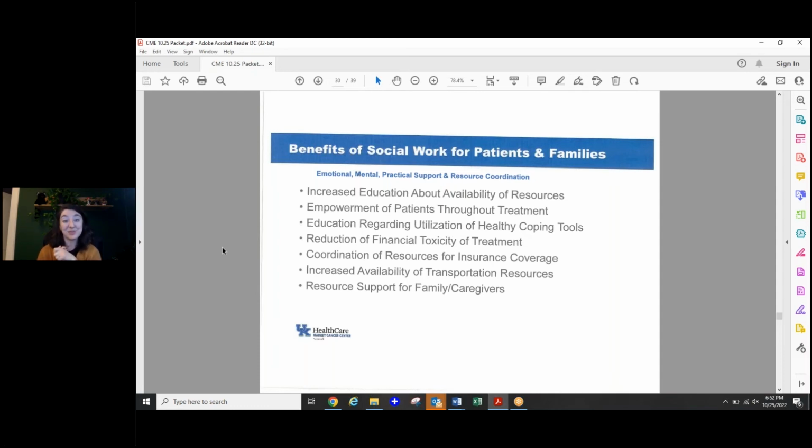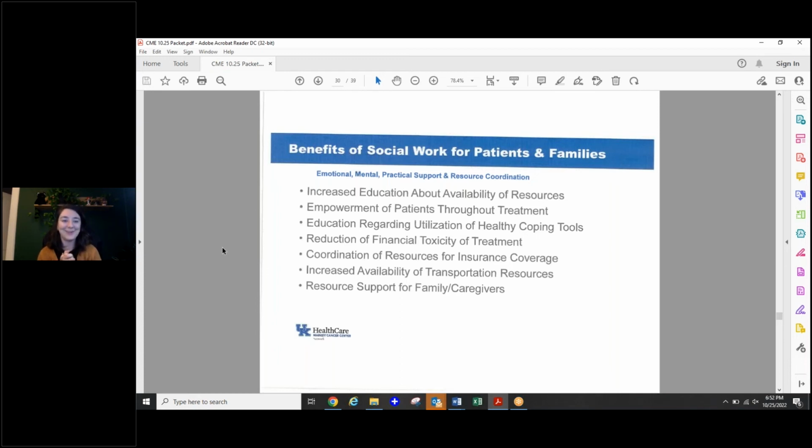Reduction of financial toxicity. This is a huge thing. Whether it be helping with insurance, or helping through community resources to pay utility bills, it's a very important place that we as social workers can step in, particularly because research is showing that a lot of our patients are struggling to pay for things like rent, mortgage, and utilities as a result of medical debt they may be incurring.